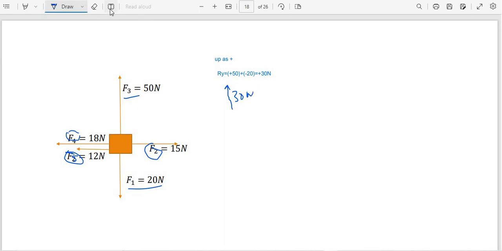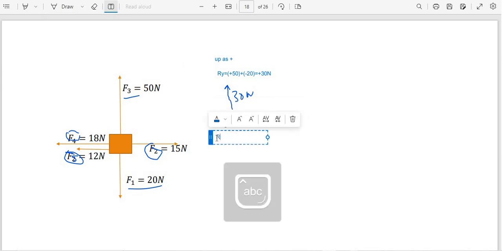And when we get to the x direction, along the x direction we have 3 vectors. So for that direction I am going to take right as positive. So the resultant along the x direction, which is rx, will be positive 15 plus negative 18, which is F4, plus negative 12, which is my F5.